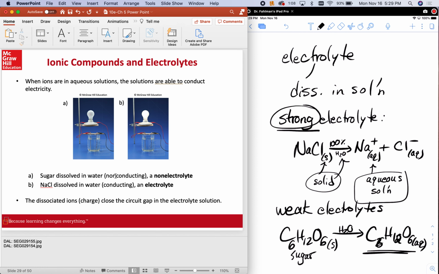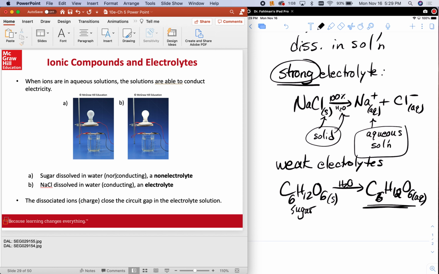Whoops, I totally messed this up, but I think you get the gist. So it keeps its same formula, but it goes from solid to aqueous. It doesn't break apart into carbons, hydrogens, and oxygens separate, like ions, like this example. And so this would be a non-electrolyte.